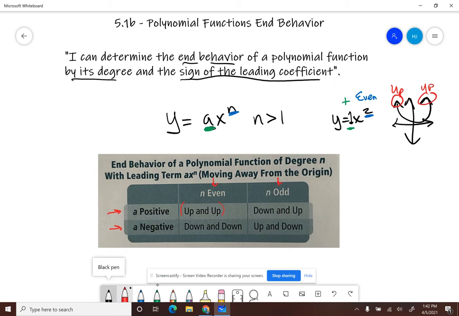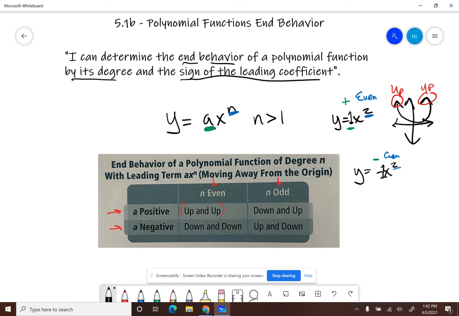Okay, now let's think about what if I have y equals negative x squared. In this case, I still have the 1 here, but notice now instead of a positive, I actually have a negative. And I do still have an exponent that is even.